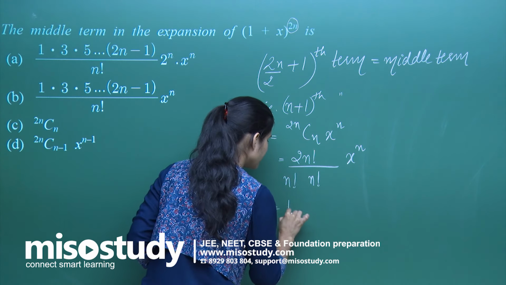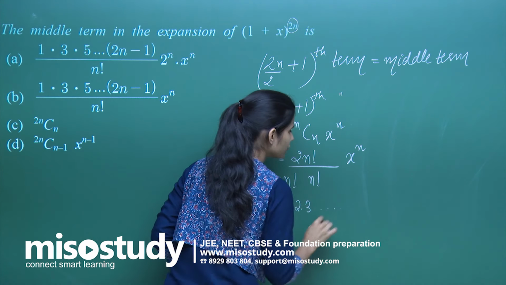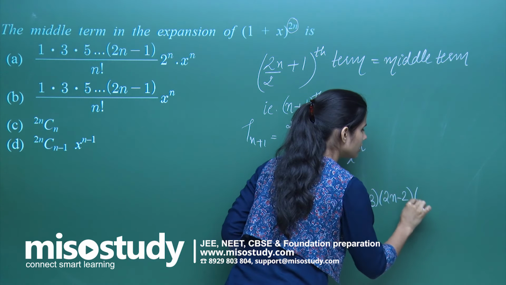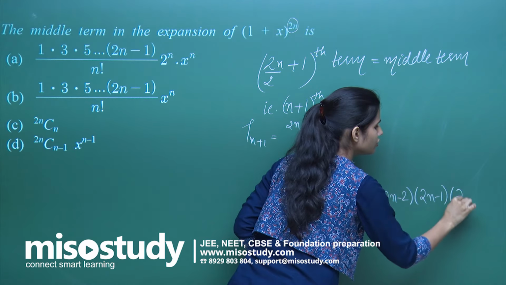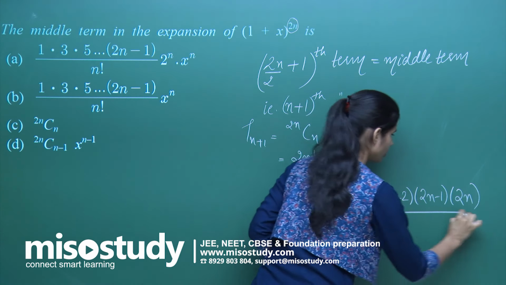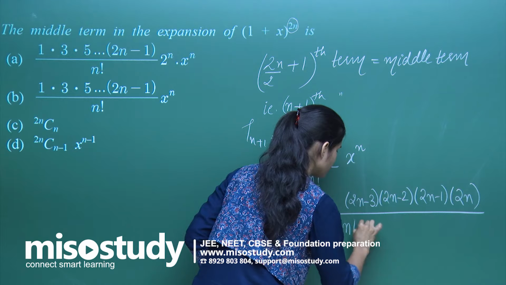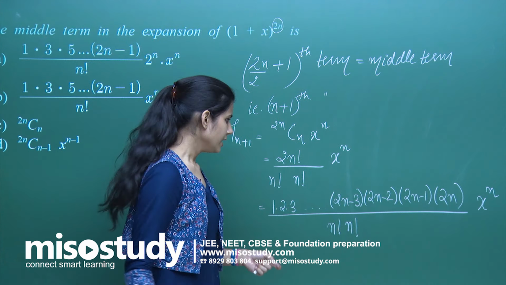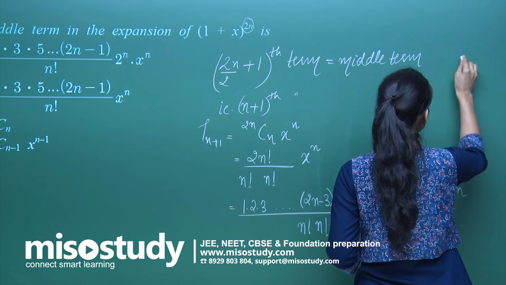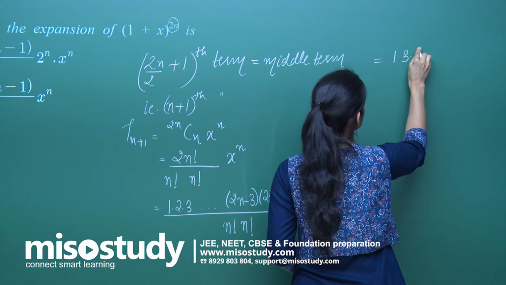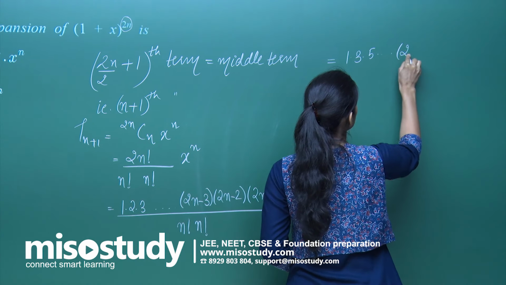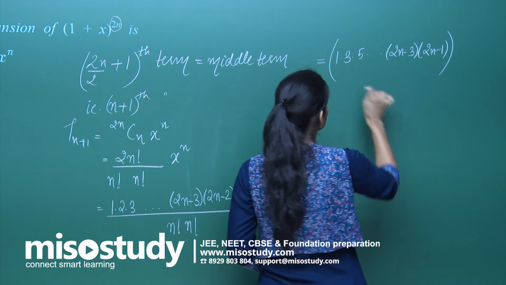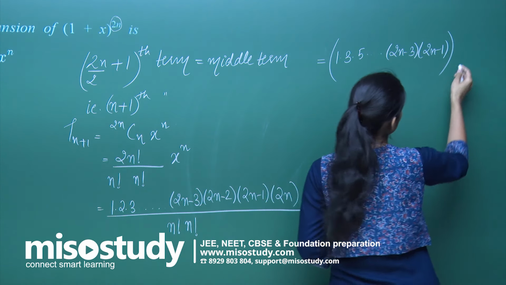Now 2n factorial can be written as 1 into 2 into 3 into 4 and so on, 2n minus 3, 2n minus 2, 2n minus 1, 2n, whole upon n factorial into x to the power n. Now I can alternatively write this as what? I can write this as 1 into 3 into 5 and so on, 2n minus 3, 2n minus 1, all the odd terms together, multiplied by all the even ones.